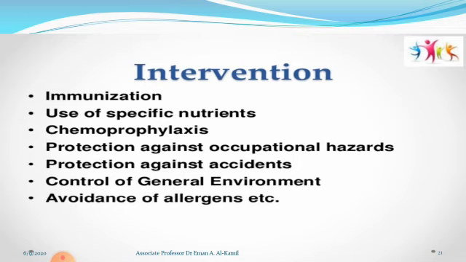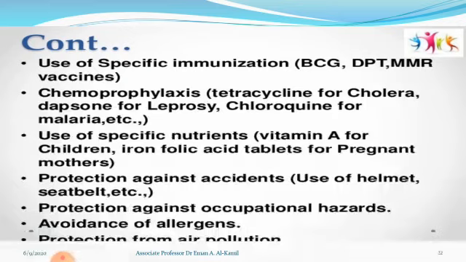Also, eye protection, special glasses for those working in welding jobs, protects the eyes from any injuries. Also, protection against accidents, as we mentioned, by health education and control of the general environment, avoidance of allergens, and so on.